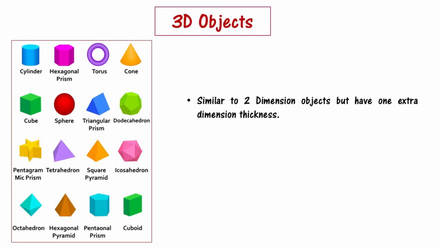Now comes the 3D objects. First we have discussed about the 2D objects. Now we will discuss about 3-dimensional objects, that is 3D objects, which are similar to 2-dimension objects, but here we have one extra dimension, thickness, like cylinder, hexagonal prism, torus, cone, cube, sphere, etc. Okay.